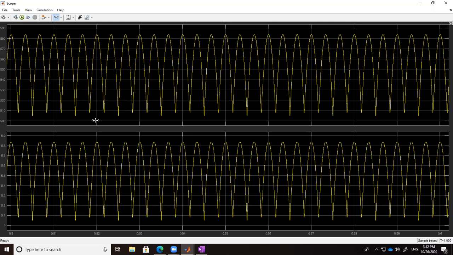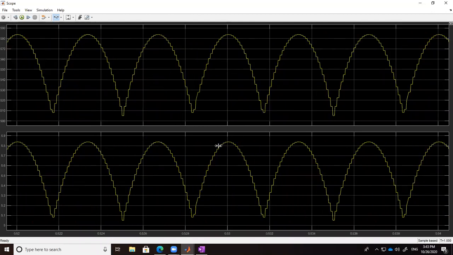So let us have a zoomed look at 20 millisecond. 0.52 to 0.54 is 20 millisecond. Let us have a look at this time period.